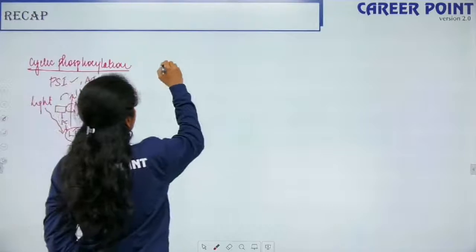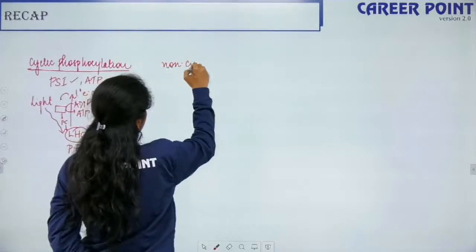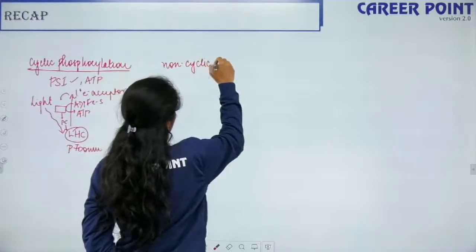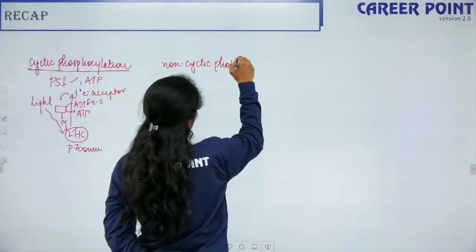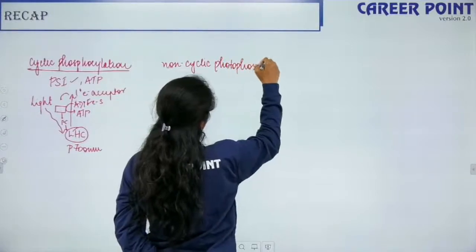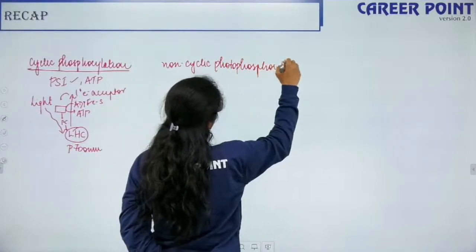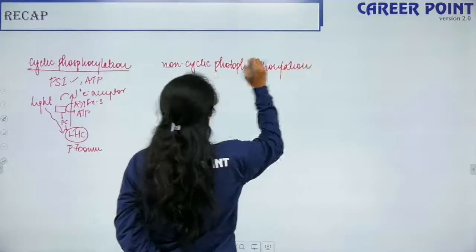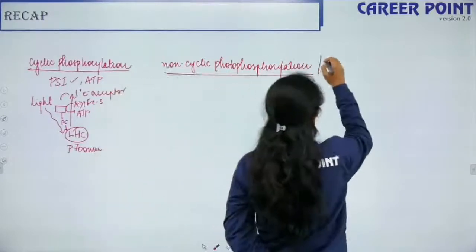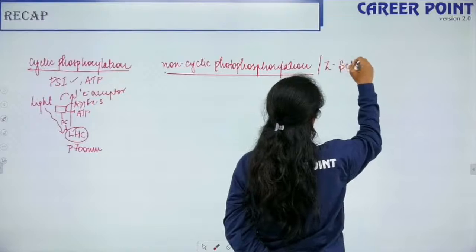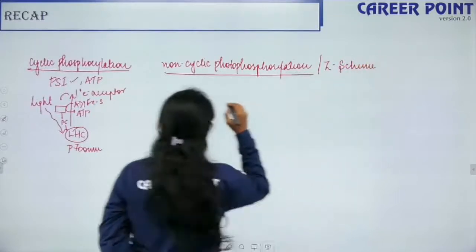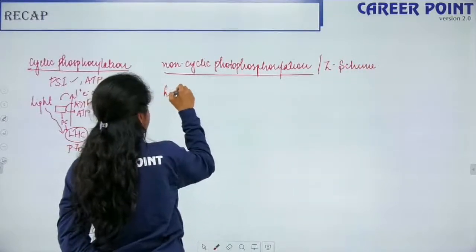So what happens in non-cyclic photophosphorylation? It is also known as the Z scheme. Light falls on the LHC.